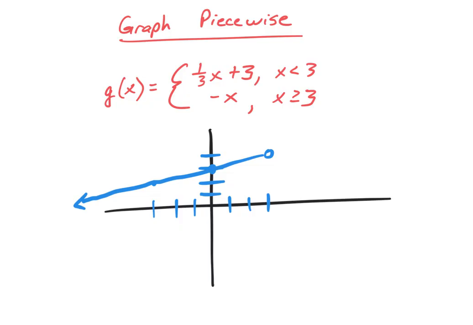Now we're going to do the second graph, negative x. Now here's the part that's a little bit tricky, okay? Usually when I would graph this in the past, what would my y-intercept be? If there's nothing after the x, it'd be 0, right?